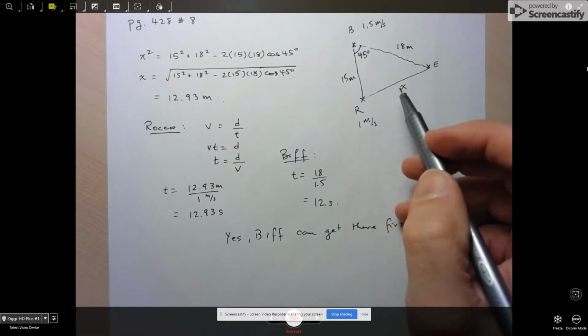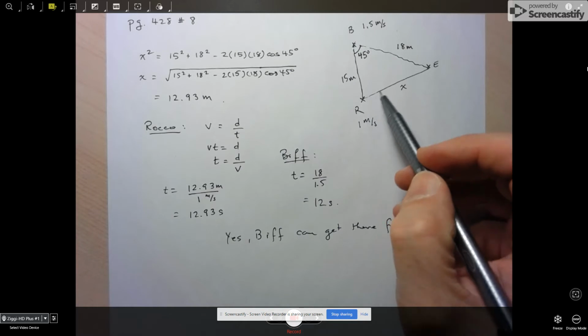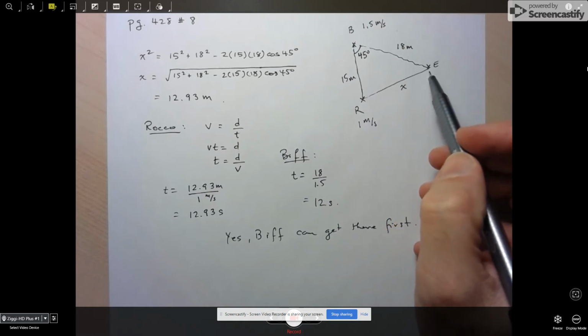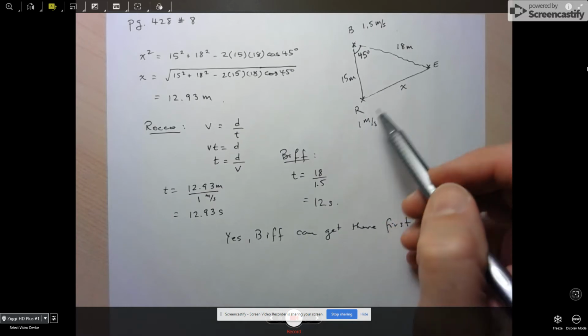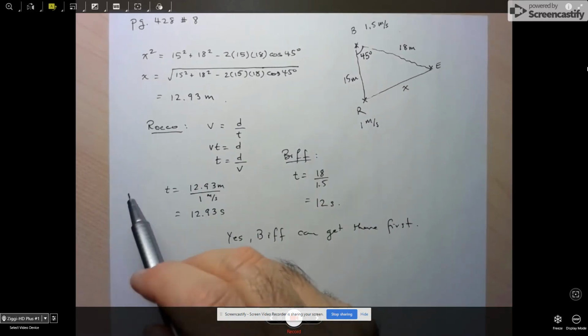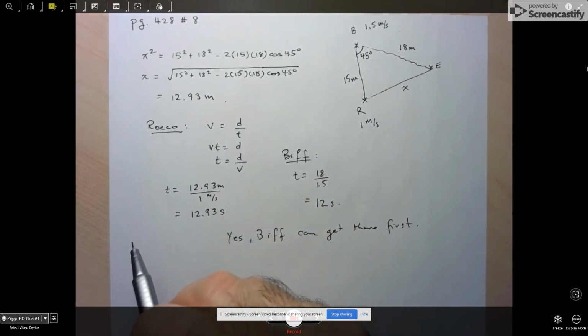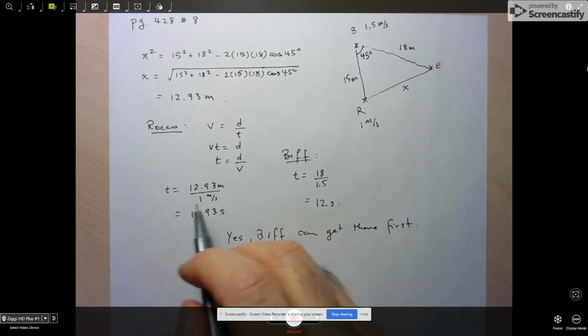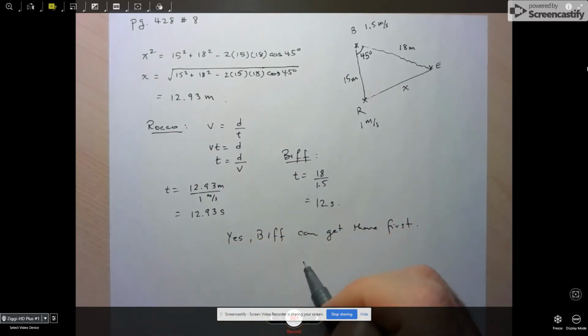Okay, number two, we realized that what we were missing was the distance that Rocco needed to travel. So that's why we found this side of the triangle. And then from there, this is one of these relationships that we really need to know, which is the speed, distance, and time relationship, which we use to calculate the time for each. And we realized that Biff could get there in a shorter time.